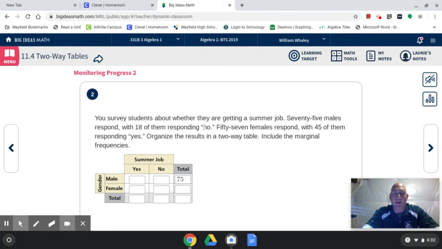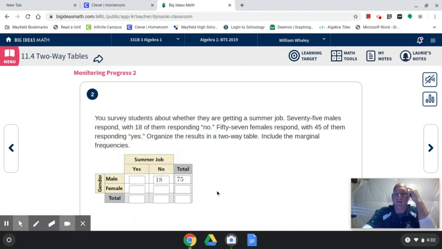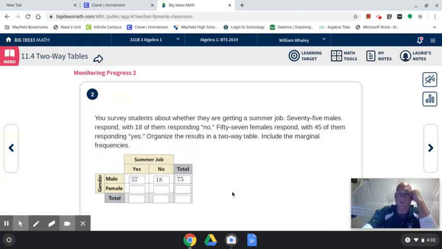With 18 of them responding no. Okay, so males getting a job, 18 said no, right? Well, let's think about this logically. If there's 75 in total, 18 said no, how many must have said yes? So 75 minus 18, we are at our 57. Okay, see how this starts to flow pretty quickly?